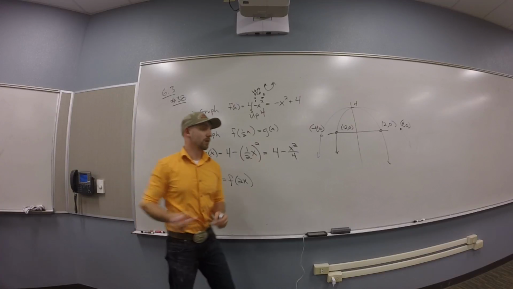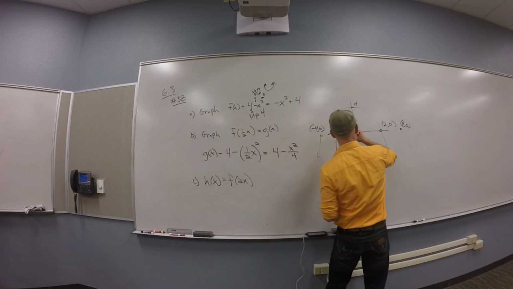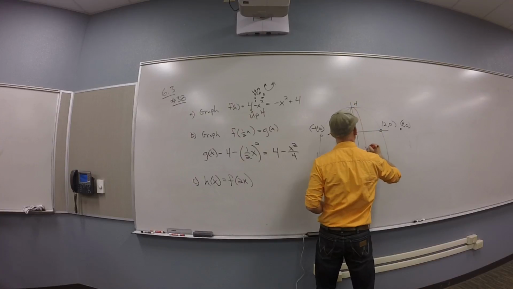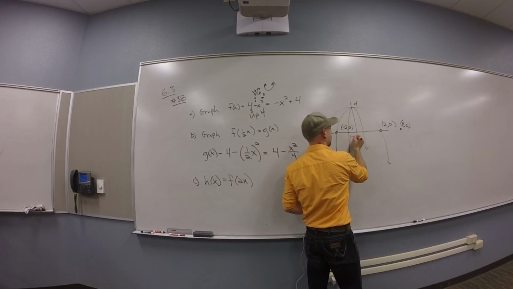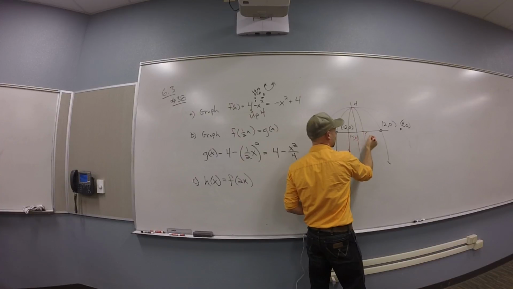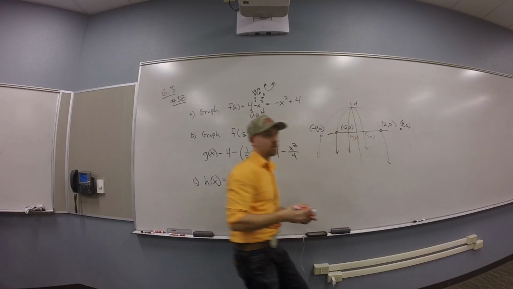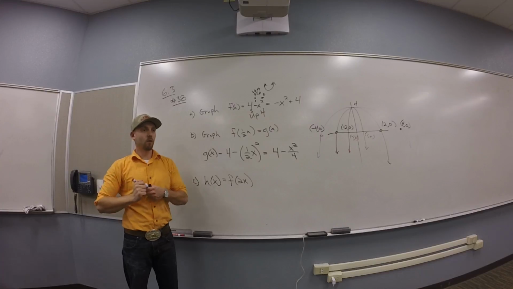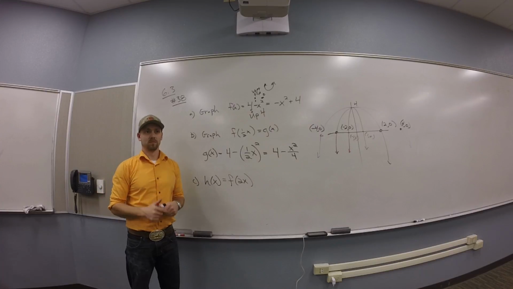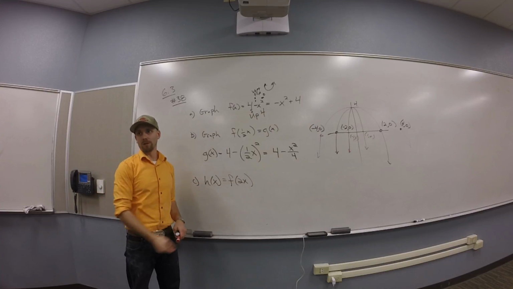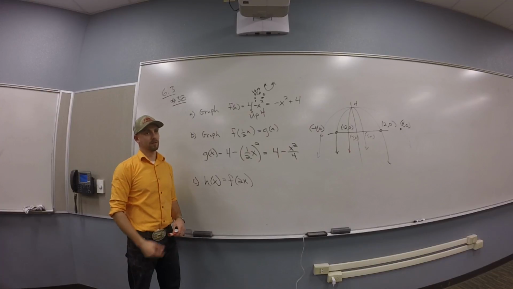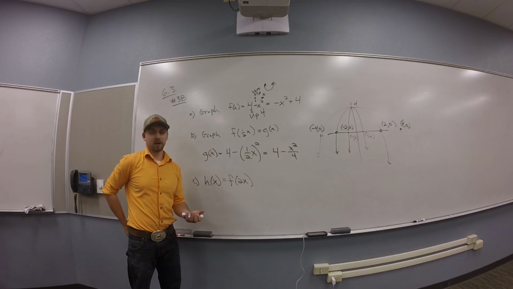So where are those zeros going to be? Negative 1, 1. Perfect. So that's going to be a narrower parabola with my zeros at negative 1 comma 0 and 1 comma 0. Now if I want to give a formula, go forth and make a formula out of this. You guys all good with making a formula?